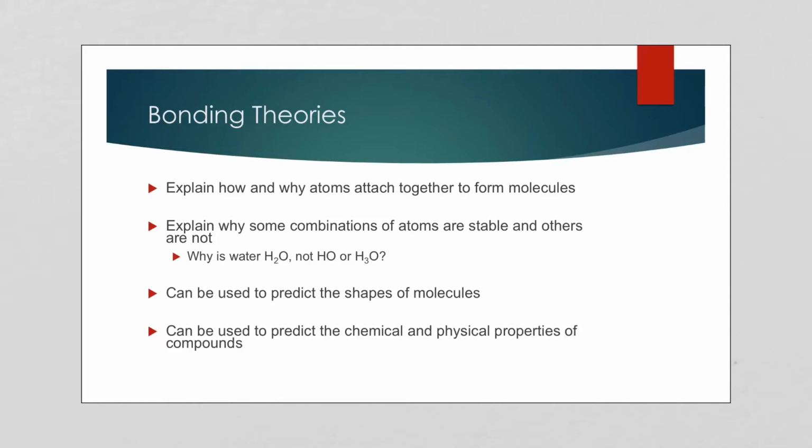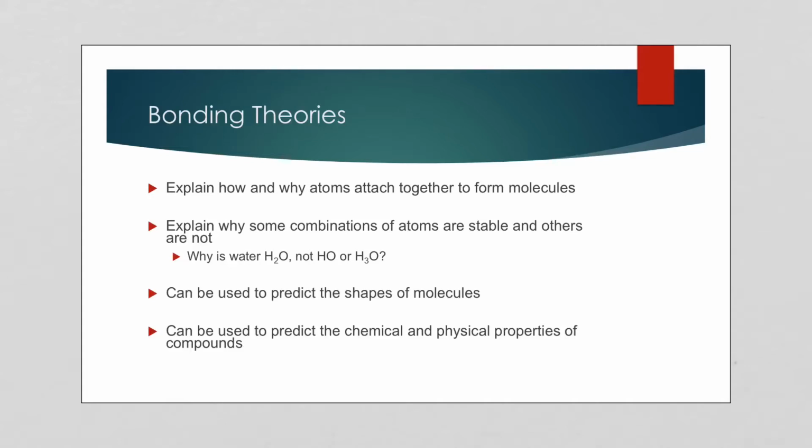Now, bonding theories in general, and Lewis theory in particular, try to explain how and why atoms attach and form molecules. So we have all of these molecules that form, and we want to try to explain why. Not only in the simplest terms, like why does it happen, but in more detail in terms of what do the structures look like, what do the bonds look like, what type of bonds, all these different kinds of things to try to explain why we have such an array of different compounds.